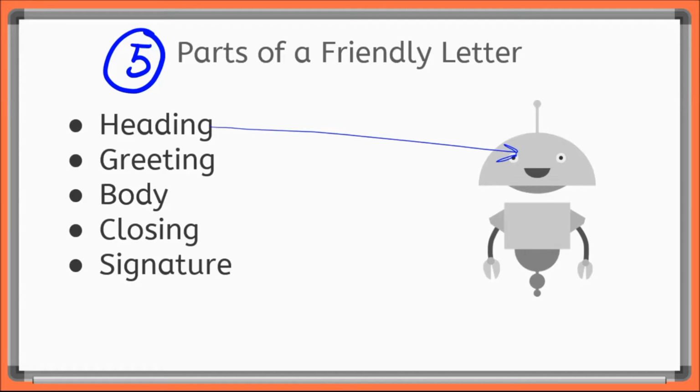After the heading, there is the greeting. And the greeting should come out of the mouth. Just like when you say hi, hello, good morning. All of these are greetings and they are coming out of your mouth. So the second part after the heading is the greeting.